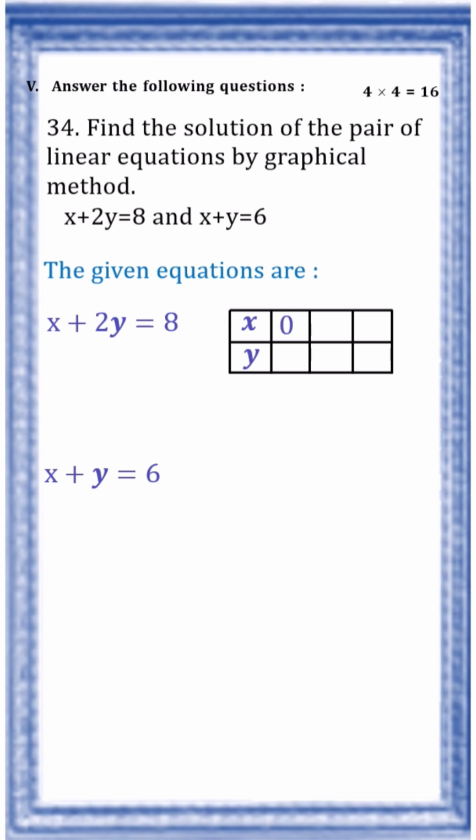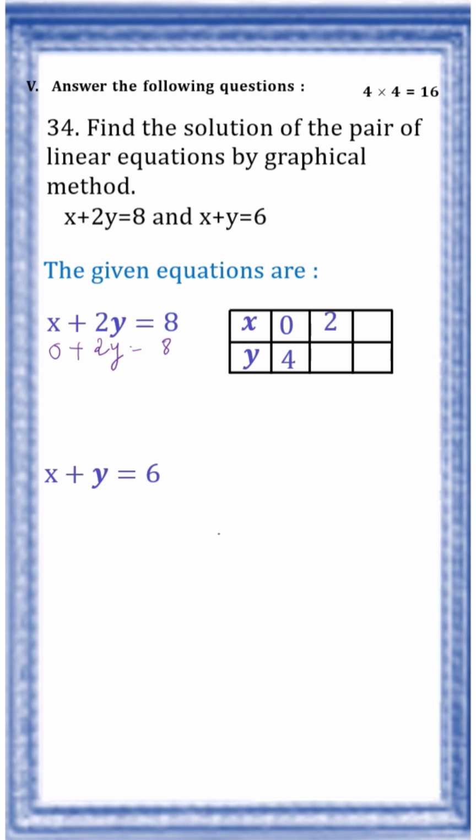If I put x is equal to 0, then 2y is equal to 8, so y is equal to 4. If I put x is equal to 2, put only even numbers.